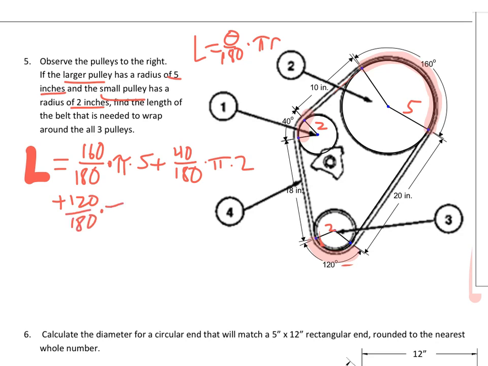And that's pi times 2. So that's all those curves. Now we've got to add in the straight sides. Don't forget that. I often forget those. So we have 10 inches, 18 and 20. So we've got to add in 10, add in 18, add in 20. All right. So now we just go to our calculator and let our calculator do the work.